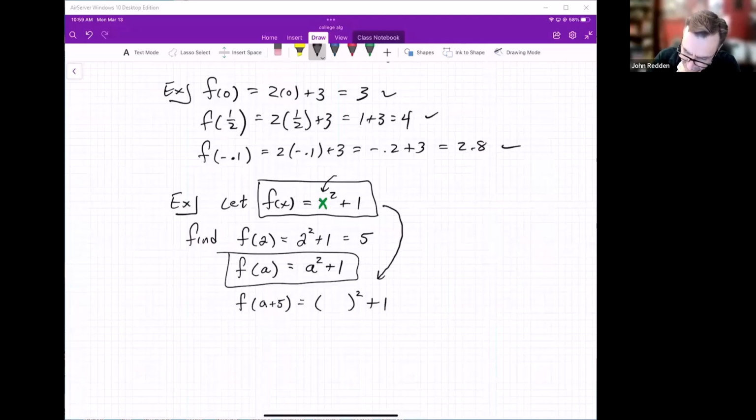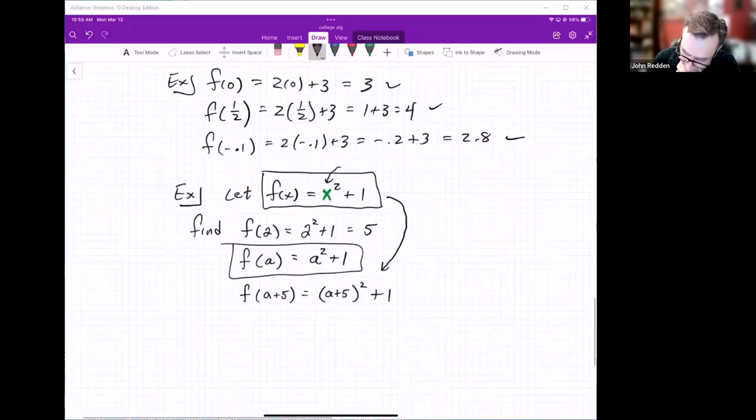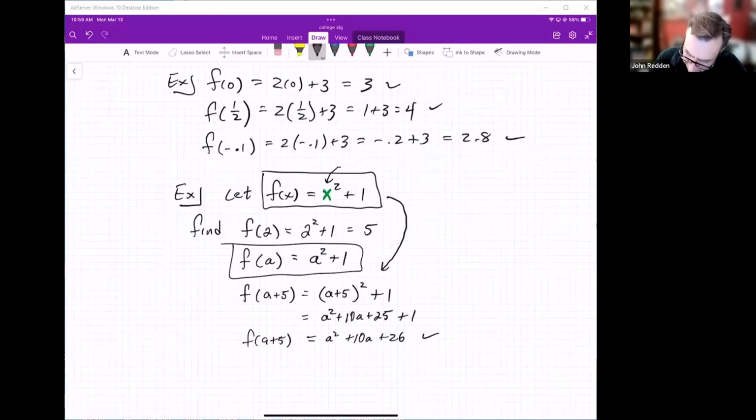And then inside there, I'm going to plug in a plus 5. All right, and then I have to FOIL that. So that's going to be a squared plus 10a plus 25 plus 1. So you can see here it does simplify. A squared plus 10a plus 26. All right, that's as far as I can go. And that would be f of a plus 5.